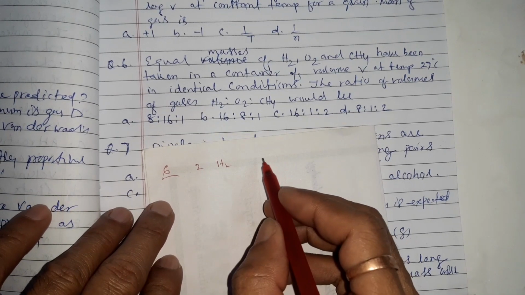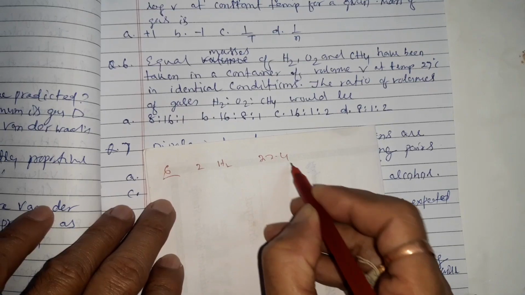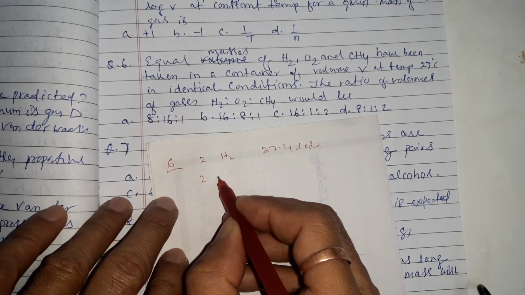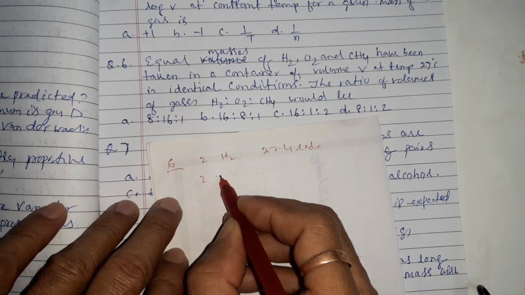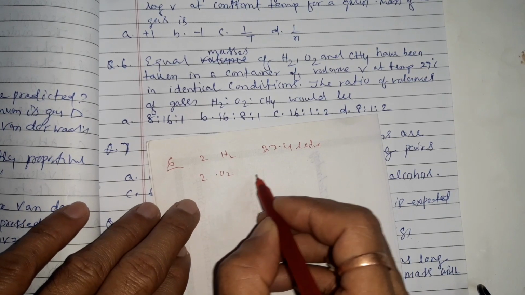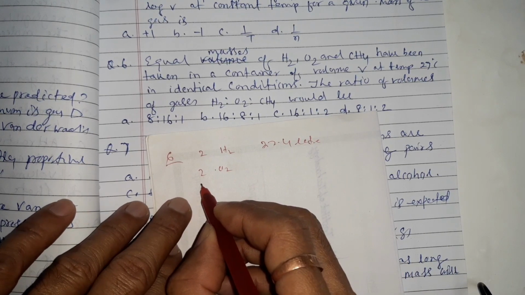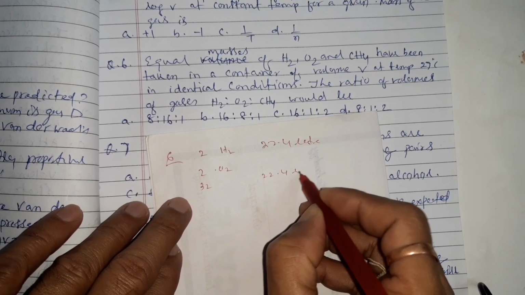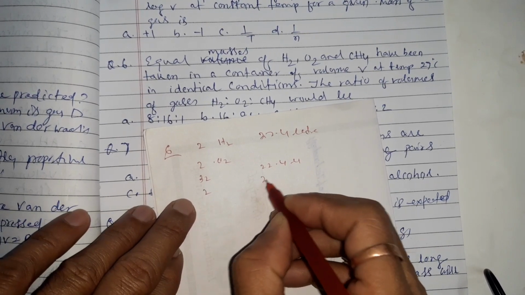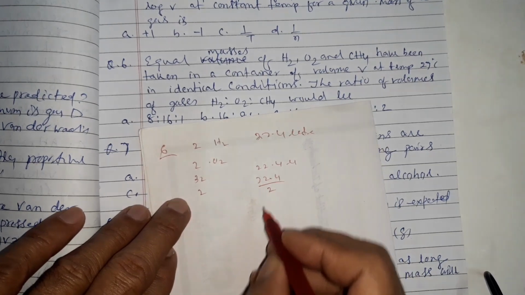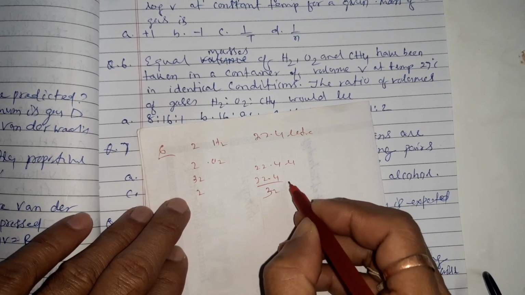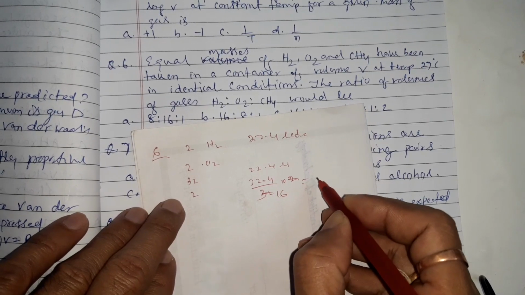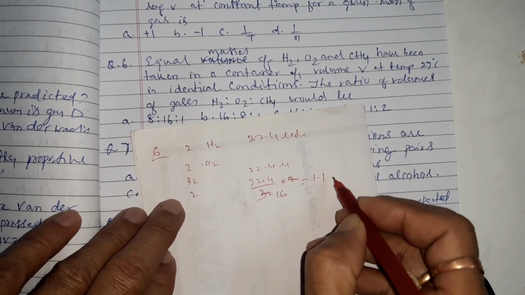So how much volume? 22.4 liters. Similarly, take 2 grams of oxygen. So how much volume will we get? 32 grams weighs volume 22.4 liters. For 2 grams, 22.4 by 32 multiplied by 2, so it is 1.1 something you will get.